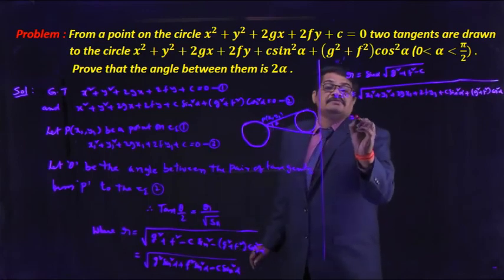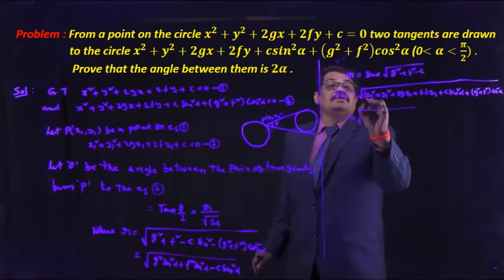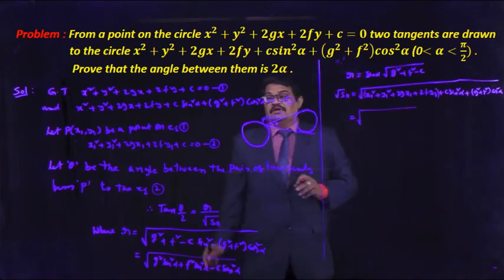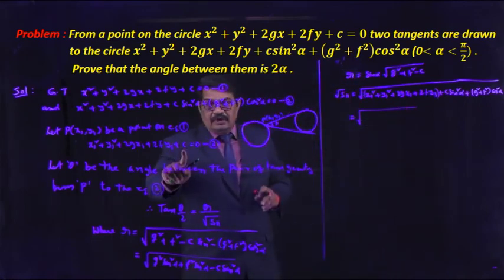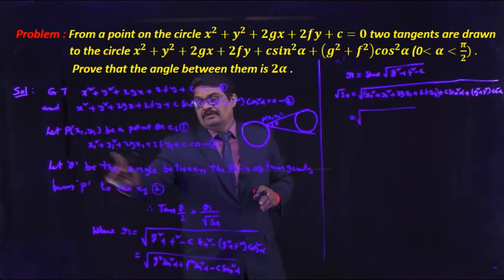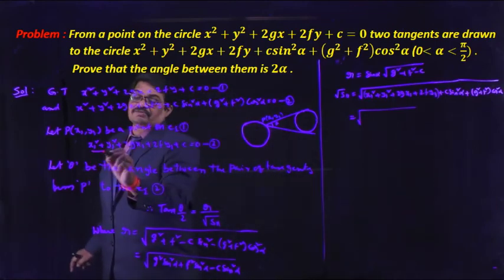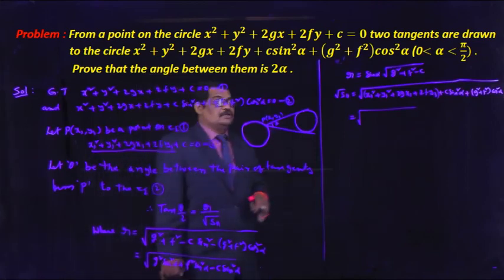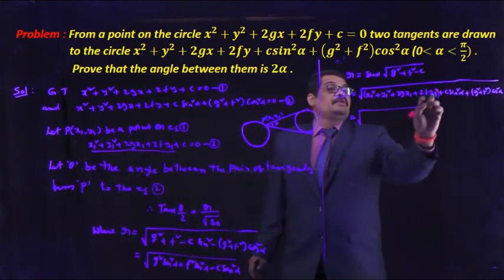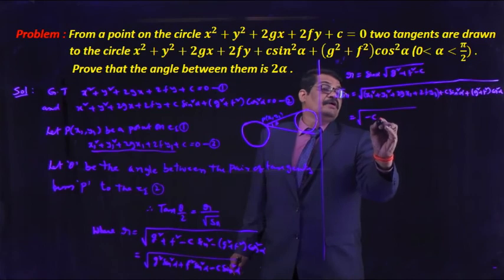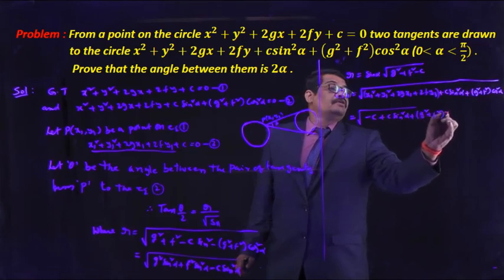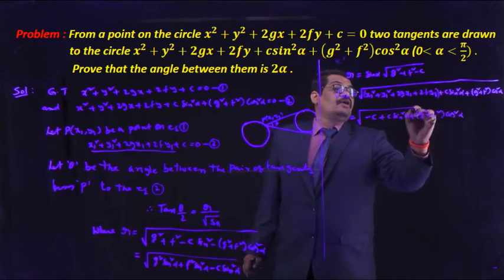From this, x1 square plus y1 square plus 2gx1 plus 2fy1 from equation 3 is equal to minus c. Now this term is replaced by minus c, plus c sin square alpha plus g square plus f square cos square alpha.